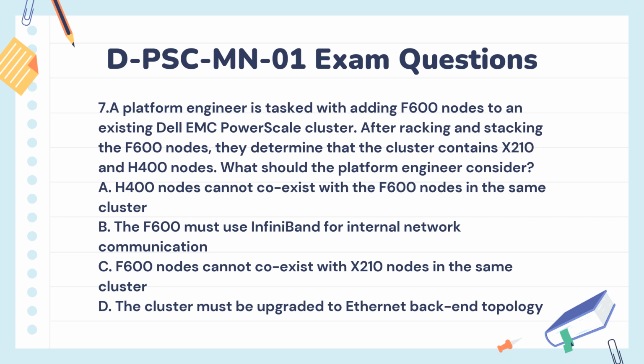A. H400 nodes cannot coexist with the F600 nodes in the same cluster. B. The F600 must use InfiniBand for internal network communication. C. F600 nodes cannot coexist with X210 nodes in the same cluster. D. The cluster must be upgraded to Ethernet back-end topology.